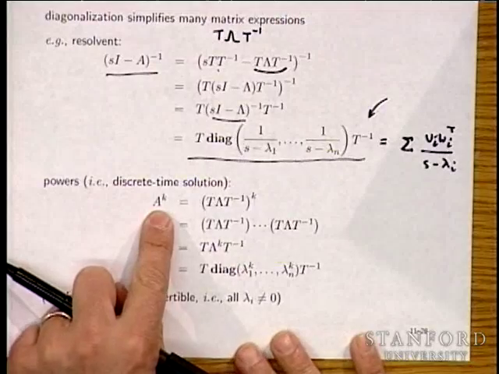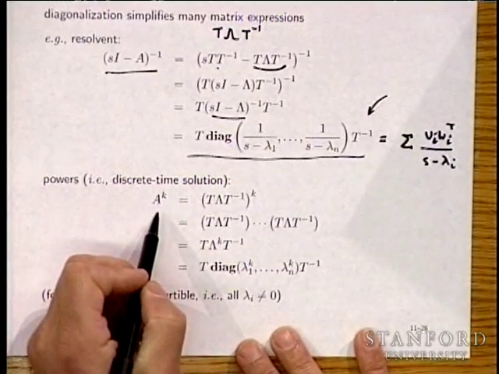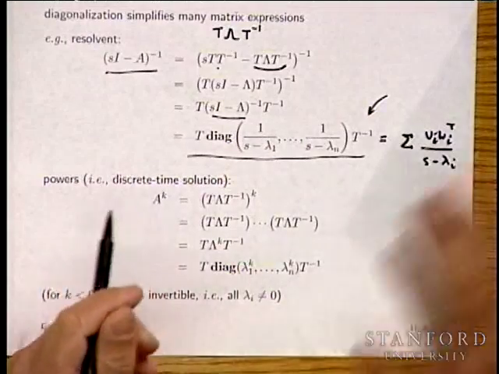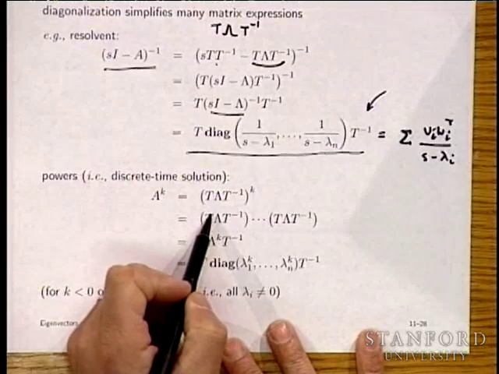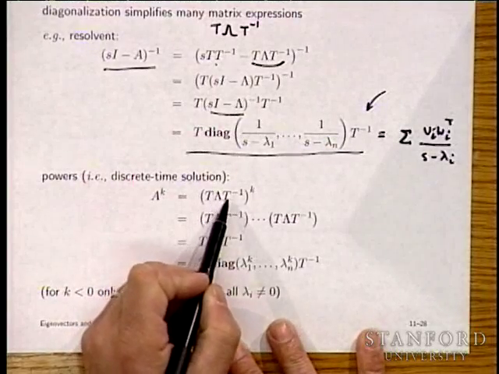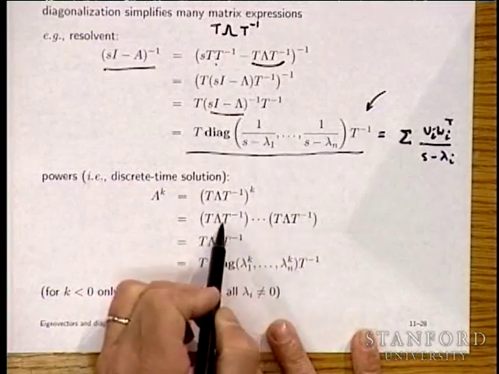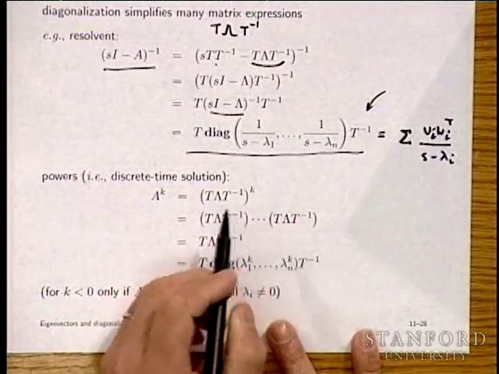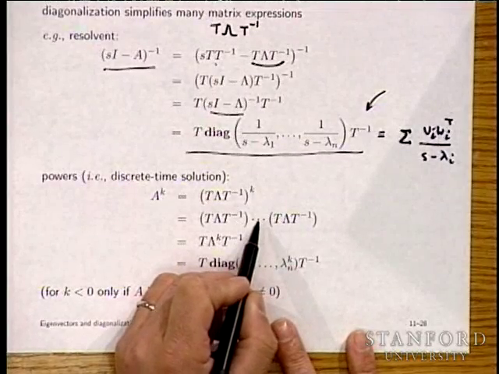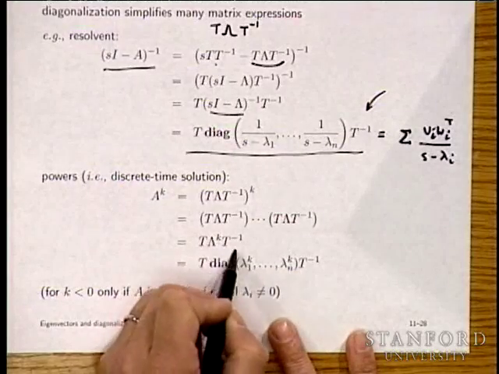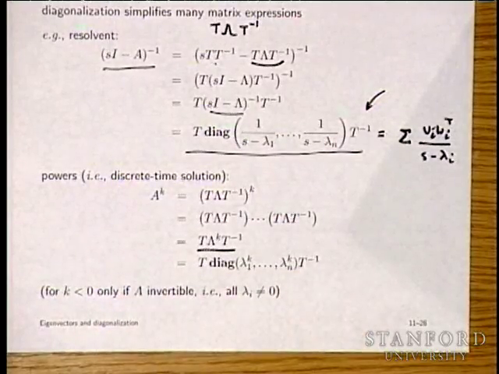It's also true for powers. For example, if you raise a matrix to a power, if you know its eigenvectors and eigenvalues, it's very straightforward, because you simply write (T lambda T inverse) to the k. When you line these up k times, the T inverse annihilates the T to the left of it. This happens in all of these, and you get T lambda to the k T inverse.